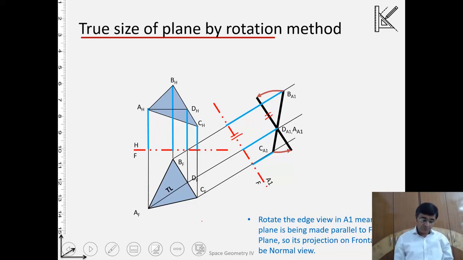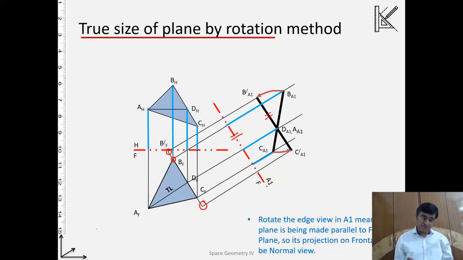So let us do this. If I do the back projection for this, as we have done in the case of the line, the point BF will shift to B dash F. Similarly, the point CF will shift to C dash F, because we know the shift will always be along the horizontal line, or the line which is parallel to the hinge.